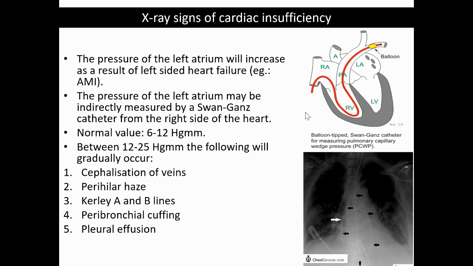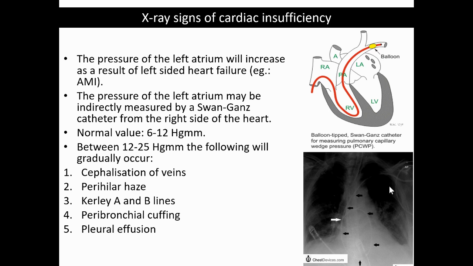So you stick the catheter into a vein, put it into the right atrium, right ventricle, pulmonary artery, and you will place it in a capillary, and we will inflate a balloon, and that'll allow us to measure the pressure within that capillary. But that almost exactly matches the pressure in the left atrium.